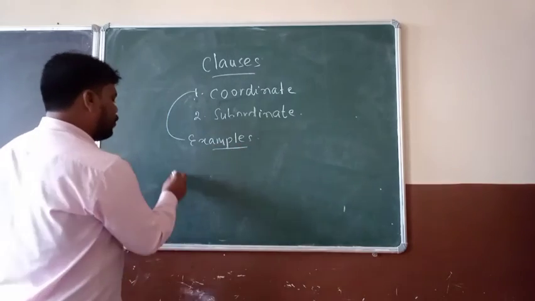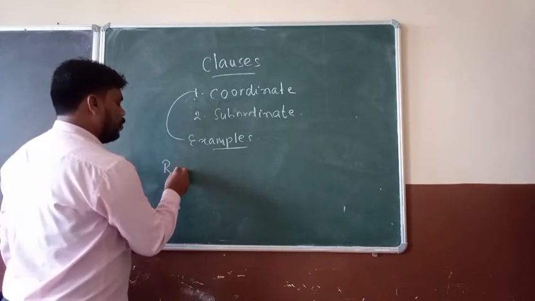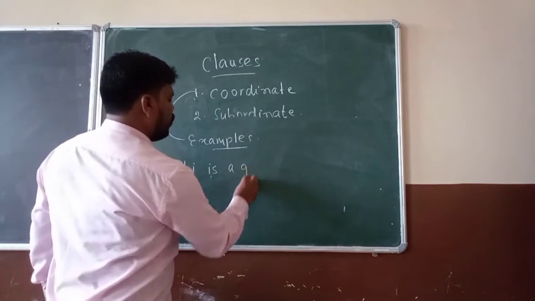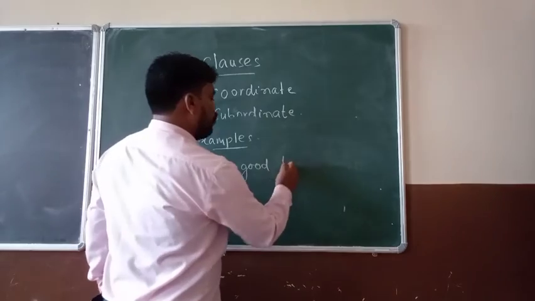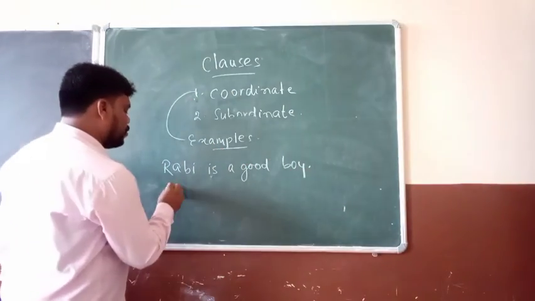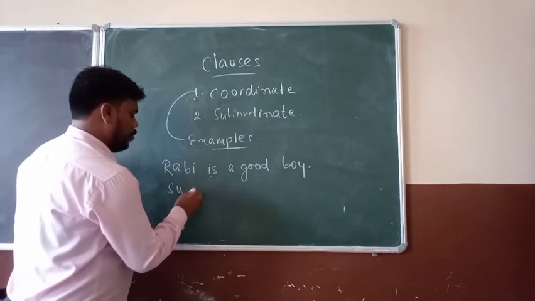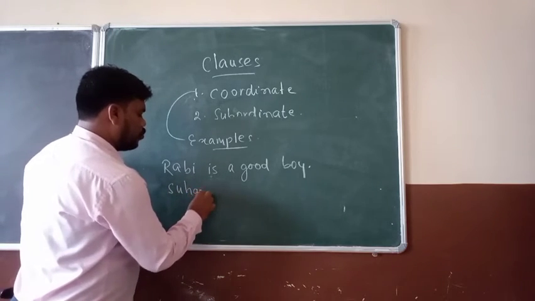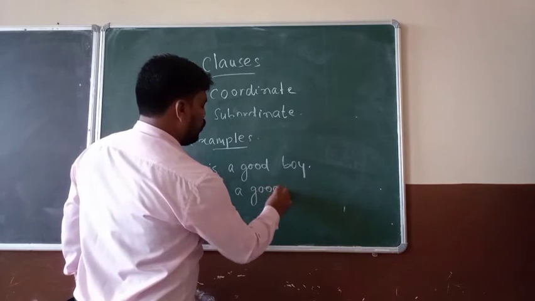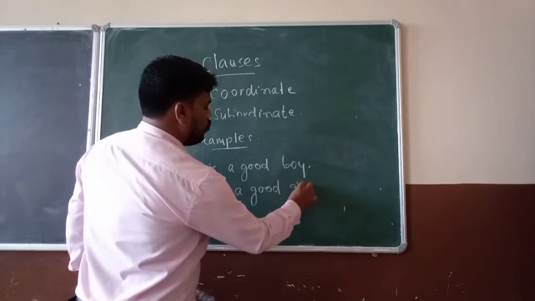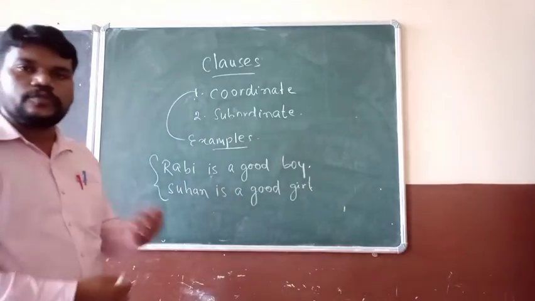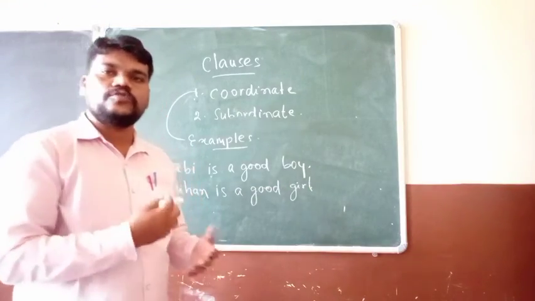Suppose, for example, Ravi is a good boy. This is one clause, and another one is Suhana is a good girl. So we have to write these sentences together.